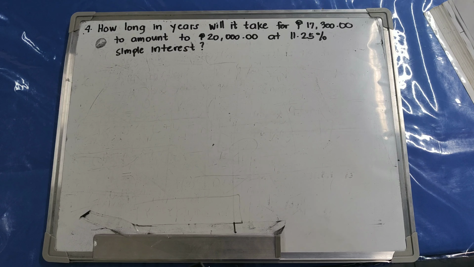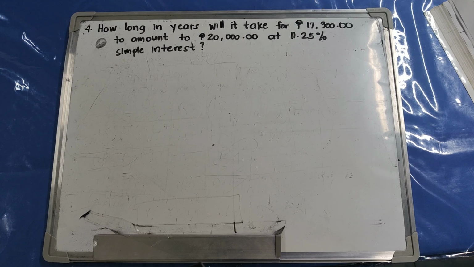Okay, so we have here another example of problem solving involving simple interest. How long in years will it take for 17,300 pesos to amount to 20,000 pesos at 11.25% simple interest? So in this problem, class, the technique is you need to know how to understand the problem, especially in the part of identifying the given.